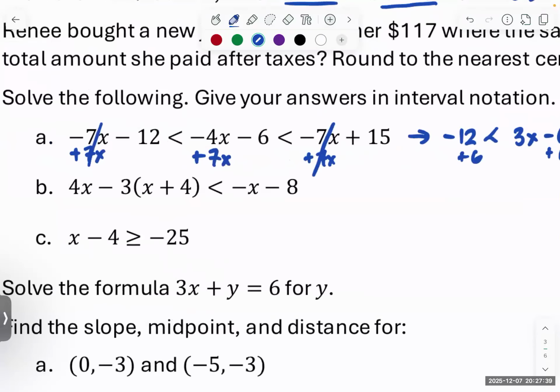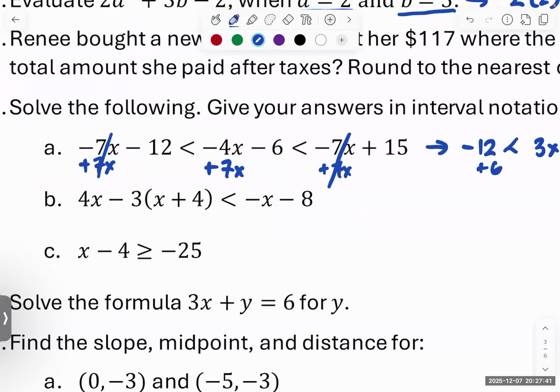And for this one you do have to get x by itself. So you're going to need to take negative 3 and distribute it. And from here you get 4x minus 3x. Negative 3 times 4 is negative 12, is less than negative x minus 8.